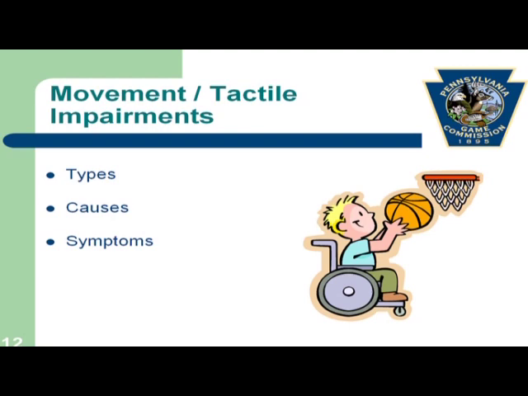Some of the symptoms of spina bifida include some sort of paralysis. Additionally, students with spina bifida also experience some sort of bowel or bladder control issues. Some may have attention deficit hyperactivity disorder, ADHD, or other learning difficulties such as hand-eye coordination problems.